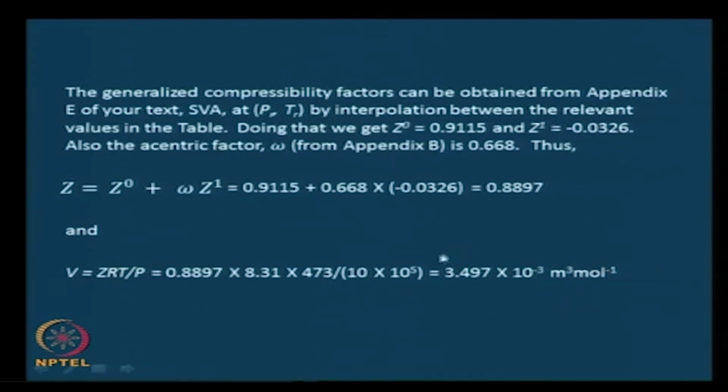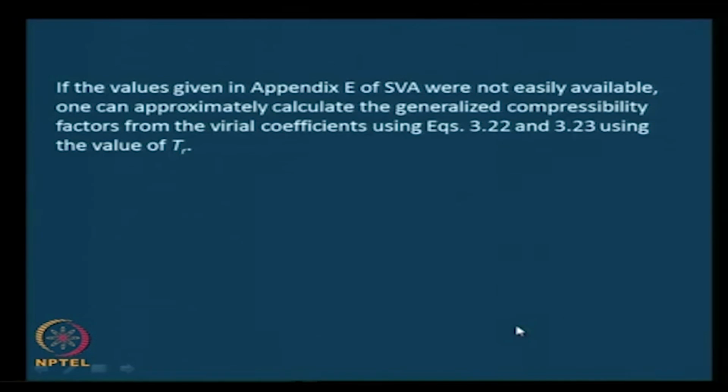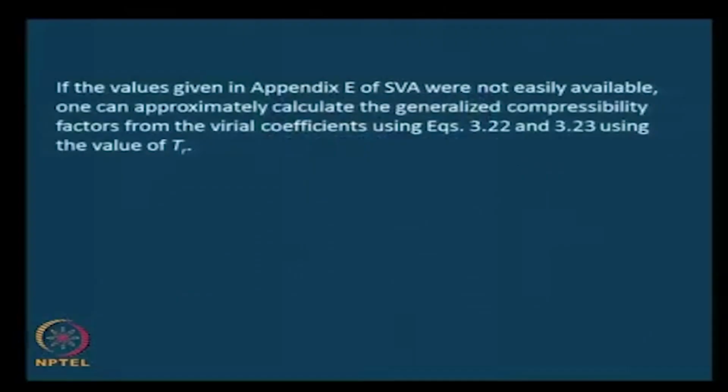So, we have gotten whatever we need from the generalized correlations. Of course, go back to the earlier exercises and see how this volume compares with the volume obtained from the ideal gas relationship, which would result in a large difference, and also the one obtained using the virial expansion.